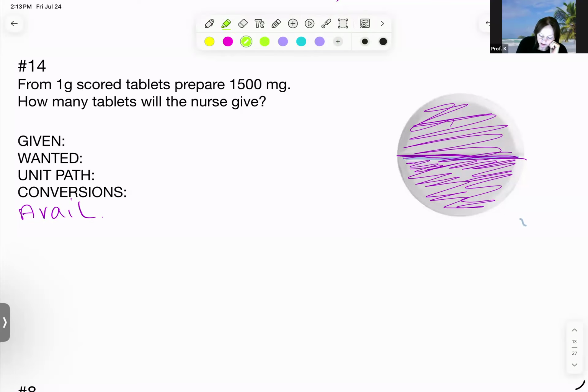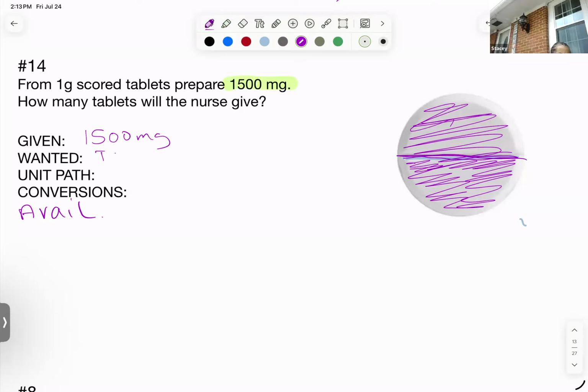Prepare 1,500 milligrams. And what is my wanted? Tablets. I'm going to give what's available. It's a tablet. I have no unit path and no conversions. What's available to me? 1 gram tablets, scored.